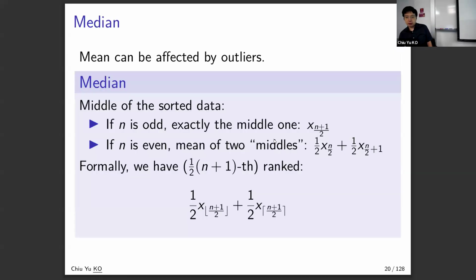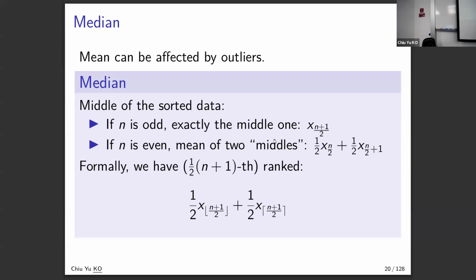Last, we talked about the median. By median we mean exactly the middle of the data. If you have an odd number of observations, the exact middle guy exists in the data. You have 3 guys, the second guy is the middle. You have 5 guys, the third guy is the middle. But if you have an even number of observations, then you have a problem.